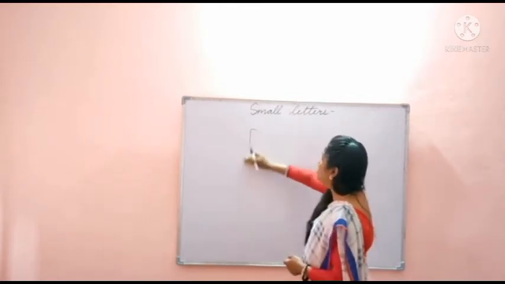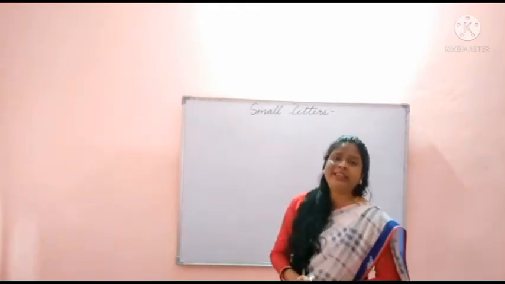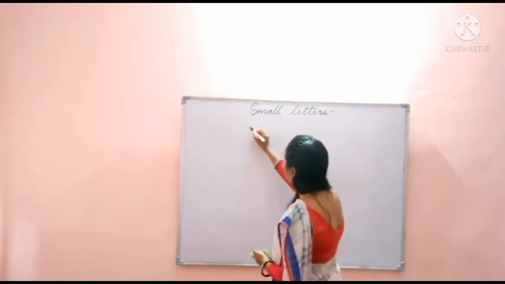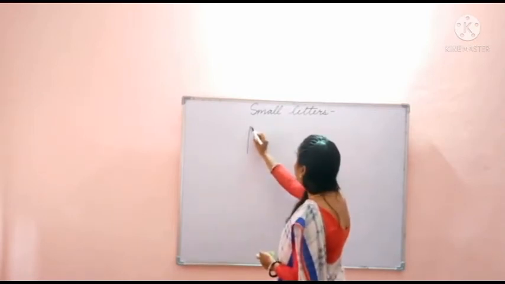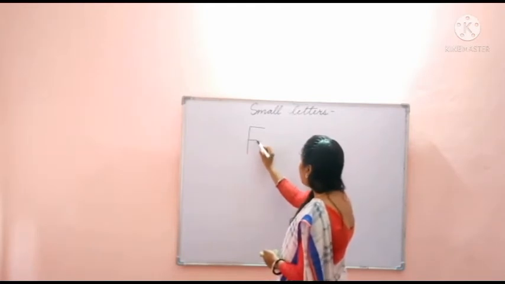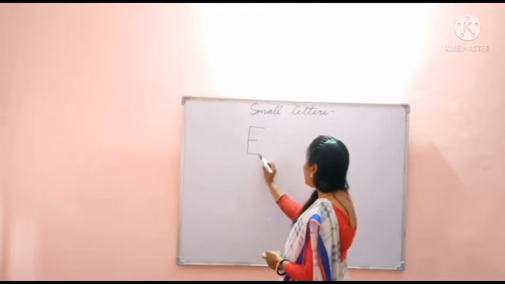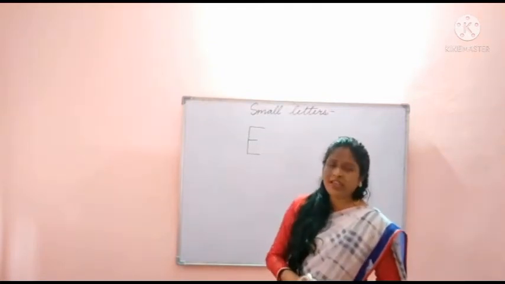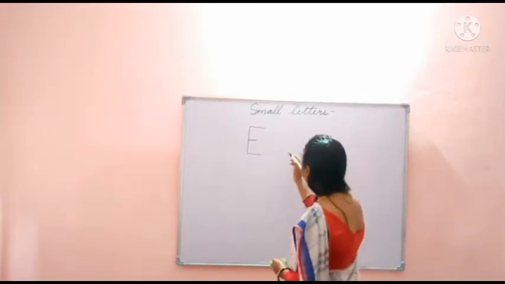Now we are going to learn how to write the letter E. A, B, C, D, E. So a standing line you have to make, a sleeping line joining the standing line at the top, a small sleeping line in the middle, and a sleeping line at the end makes capital letter E. Whereas, how to write small e?